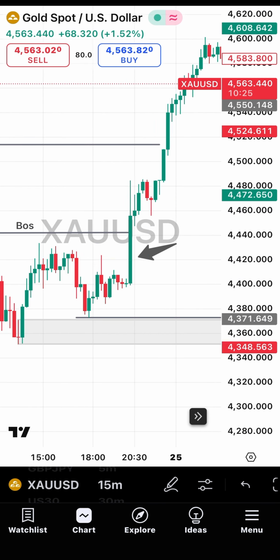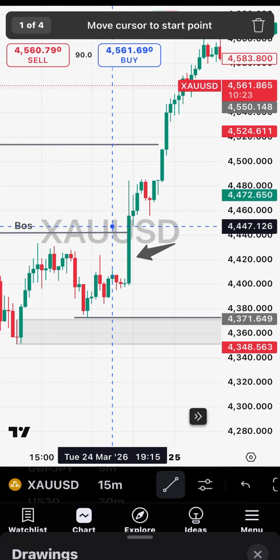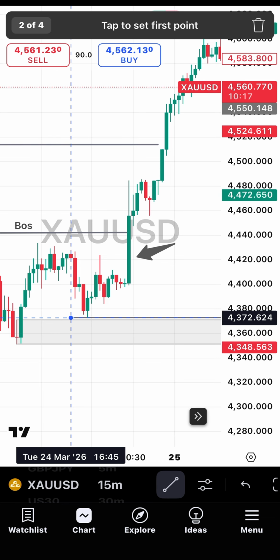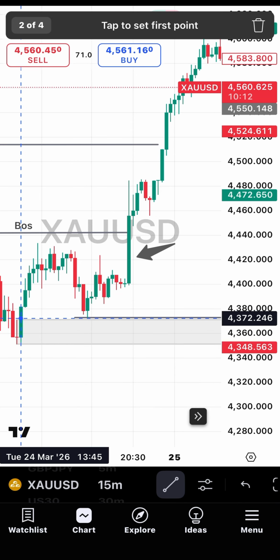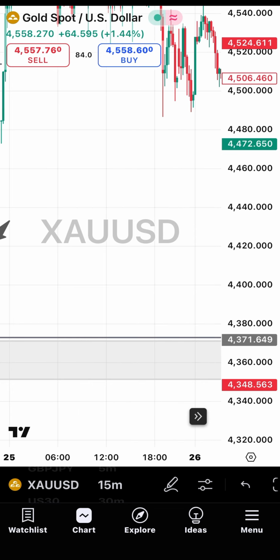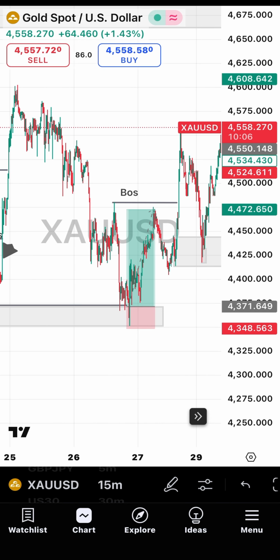The space in between this candle and this next candle here is a little imbalance which we had from this demand zone. And also this was the exchange zone which the market pulled back to.